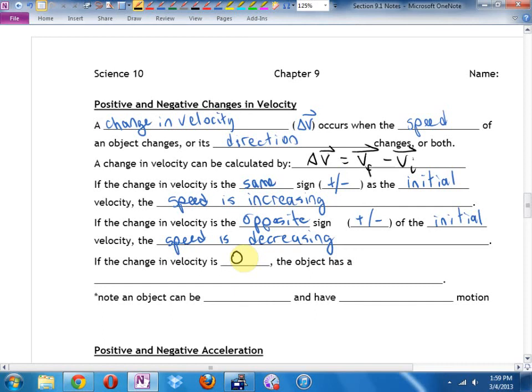Miller. Object has, we can say, one of two things. Constant speed or, I don't know which, because if you're stopped, your final and your initial are going to be 0 anyways, Jessica. We call that the trivial or obvious example. Or you could be going at a constant speed. Oh, the fancy word for that, you may recall, was uniform motion.